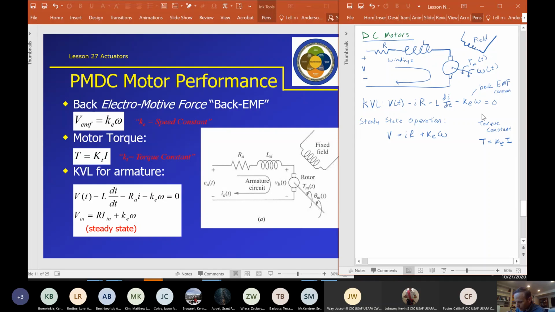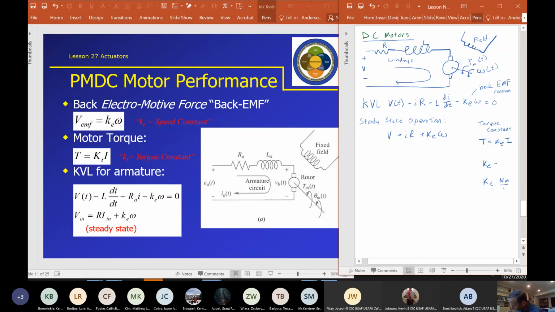So KE will have the units of, well, I should ask you, given this equation here, that the back EMF voltage equals KE times omega, what would the units of KE be? Newton meters over amps. Well, that would be KT. So we'll jot that down.